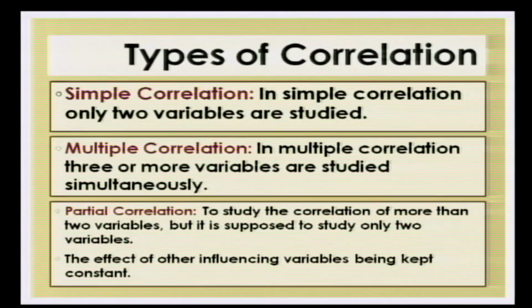So we do not calculate the correlation between all the 3 variables. We calculate the correlation between any 2 variables, and we see the effect of the third variable on the degree of correlation between them. So that's why it is neither simple correlation nor multiple correlation. This is called partial correlation, right?